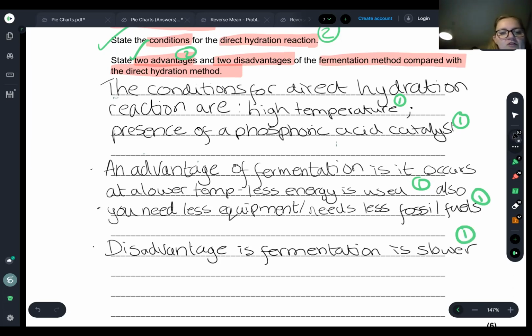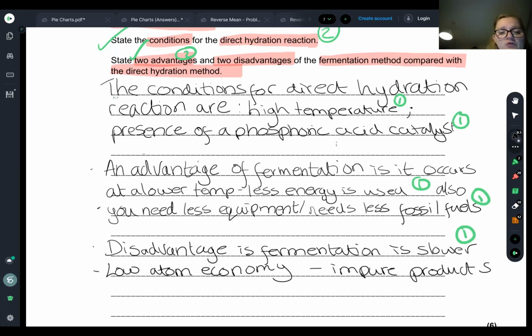Just going to list through now the other potential 4 that you could give. Another option is it's got lower atom economy. You produce impure products. It's difficult to automate.